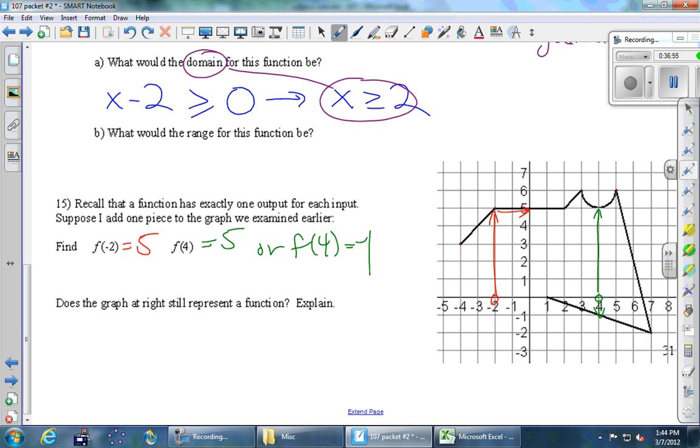That's a problem, because we said for a function, for a single input, there had better be one and only one output. What was the single input here? 4. For that input of 4, what were the 2 outputs? 5 and -1. So is that a function over there? No. Not a function. For an input of 4, we have 2 different outputs.